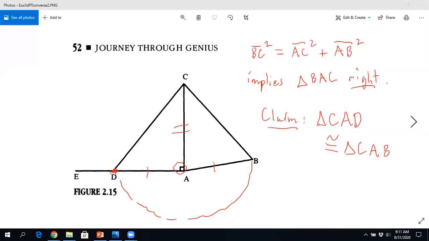I have two sides so far. I could try to go for side angle side congruence, but that would cause me to reference the angle that I'm trying to figure out stuff about right now, namely angle CAB or BAC. So the better approach is to try to say something about the third side of these triangles.